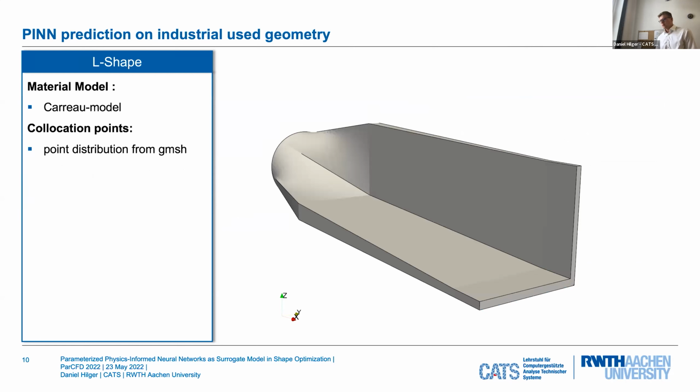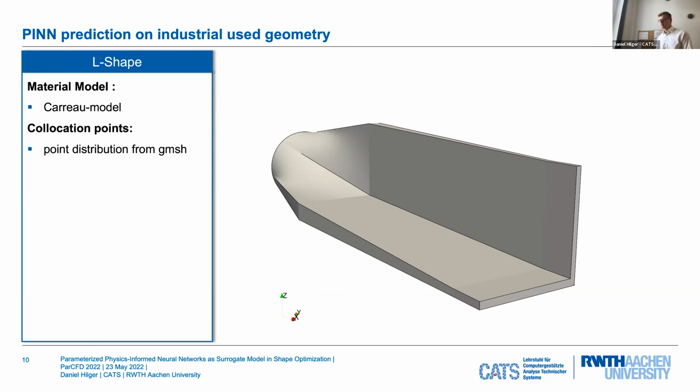This brings me already to the current state of our research, which is also kind of the introduction to the outlook: a more industry-oriented example of this L shape, a shape extruded with an industrial application.